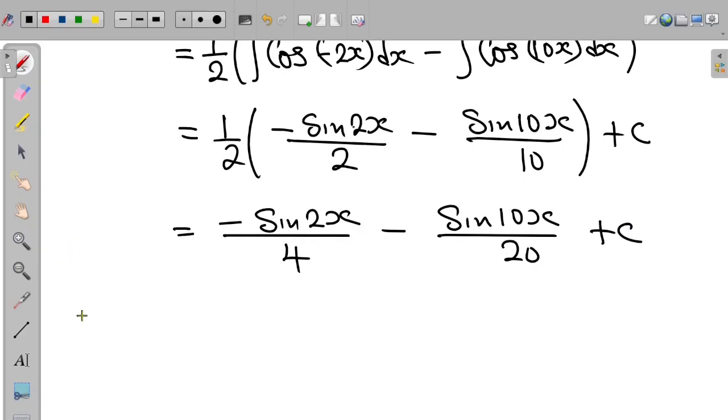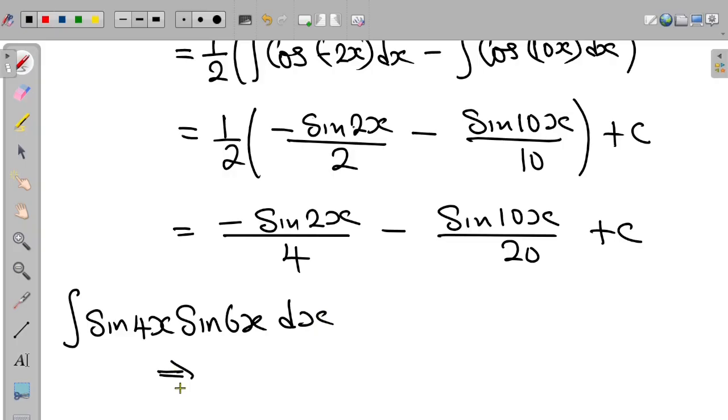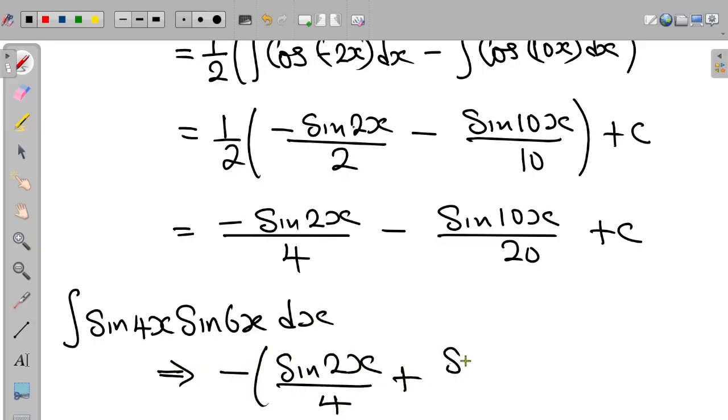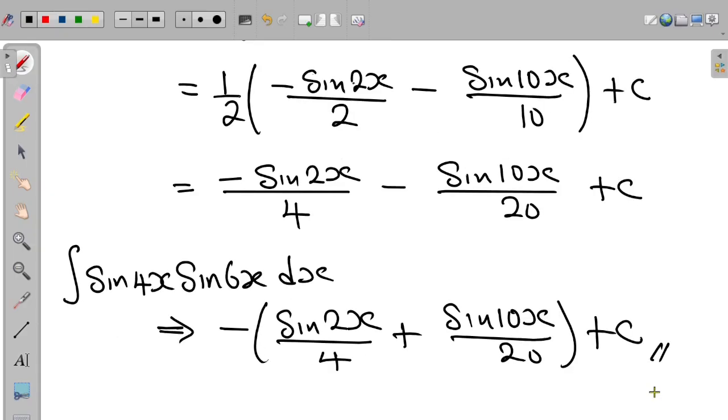Thus, we have it now that integral of sine 4x multiplied by sine 6x dx is equal to minus sine 2x divided by 4 plus sine 10x divided by 20 plus c.